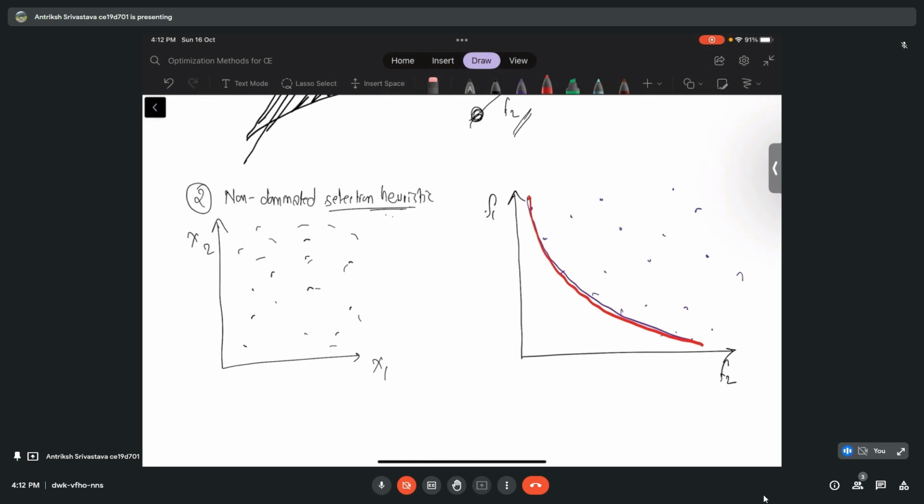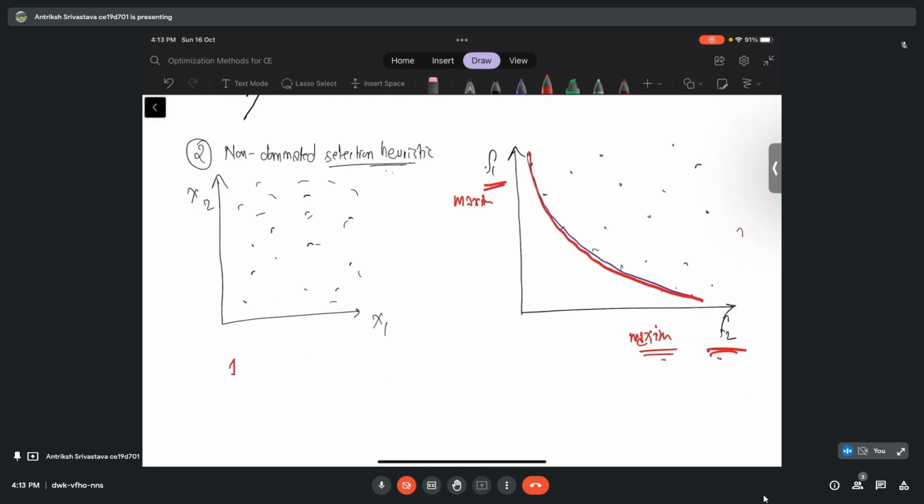There will be no point that is coming here. The last line of this objective function space, or let's say the starting line, is called the Pareto optimal front. Let's say you have a maximization problem. Okay, so how do you do this?